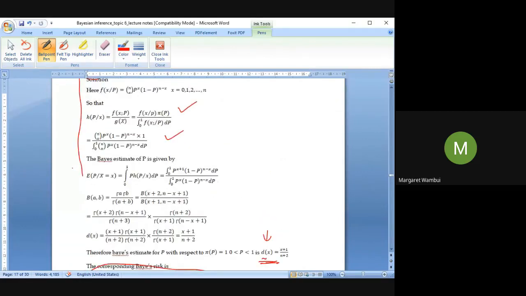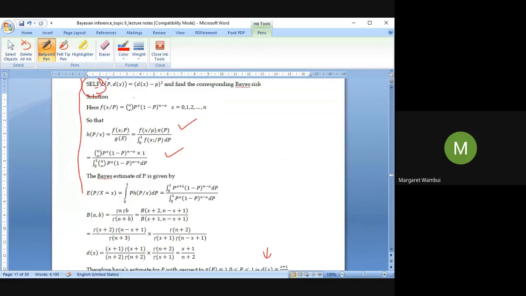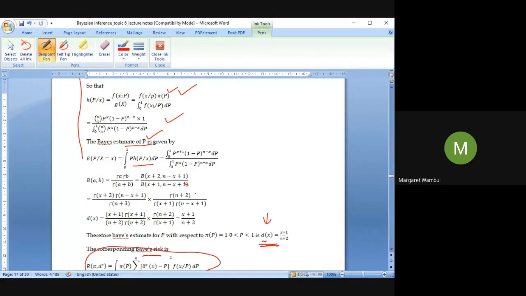Because if you look at this one, it's the same thing that we worked out. We went through all these. We had this one, our binomial data. Then we combined it with our prior pi of p, and we were finally able to get the Bayes estimate of p. We worked out the Bayes estimate of p, which was this, and we came up with the mean of our beta distribution, which is alpha over alpha plus beta.